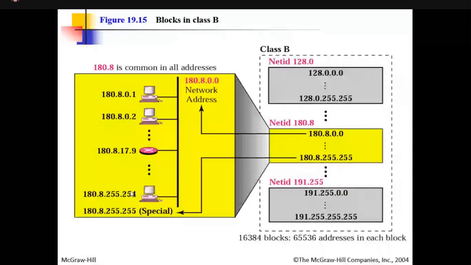Now we are giving an example of class B. Suppose the network address is first 128. So the address range will be 128.0.0.0 to 128.0.255.255. Or the network address may be 128.8, with range 128.8.0.0 to 128.8.255.255. Here the first 2 bytes are used for the network ID: here the network ID is 128.0, here it is 128.8, and up to 191.255.